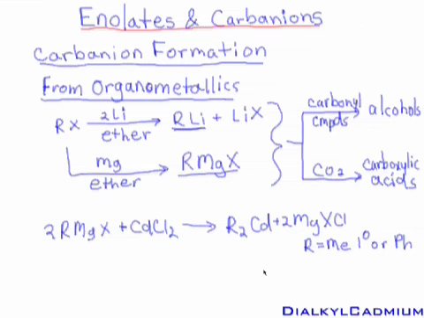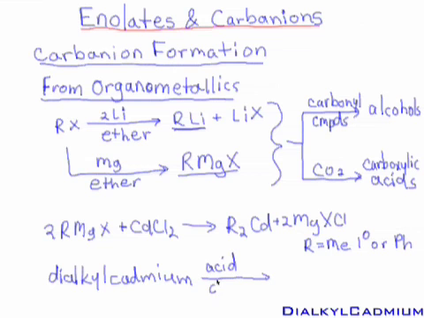Now, note dialkylcadmium, when reacted with an acid halide, such as an acid chloride, is a milder reducing agent and won't go right through to the alcohol. It will stop at a ketone. So it's a nice way to make a ketone from an acid chloride.